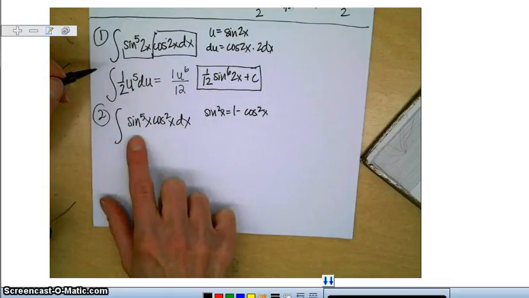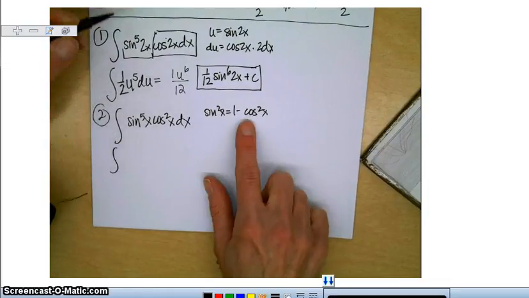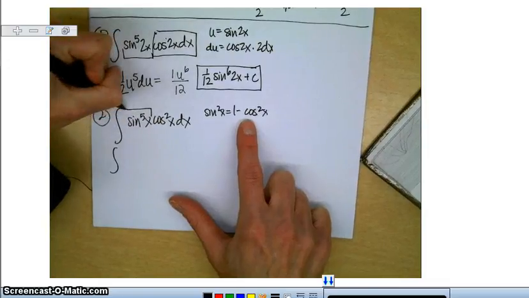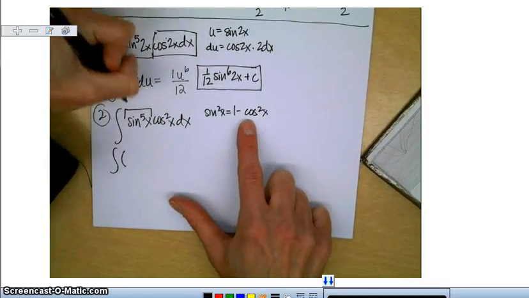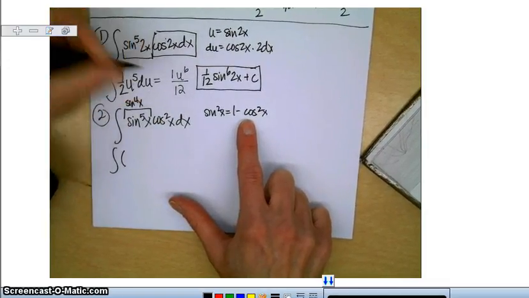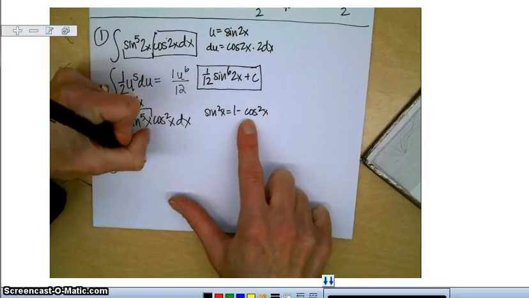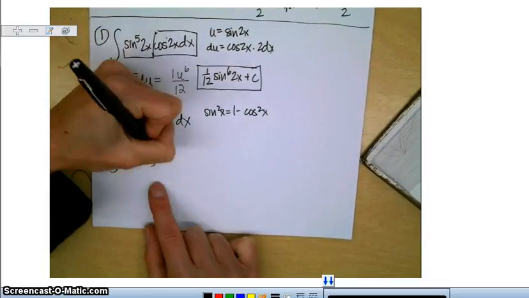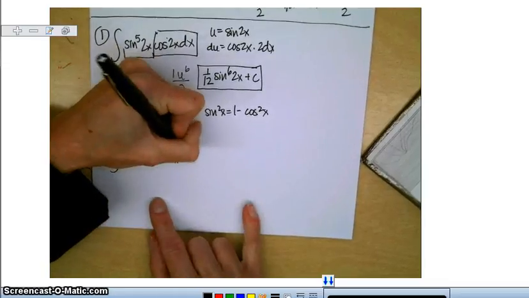So sine to the 5th is how many of these? 2.5. So basically I can take this sine to the 5th, and in place of sine to the 4th of x, I can put 1 minus cosine squared of x to what power? Squared. And then I have an extra sine of x and a cosine of x.